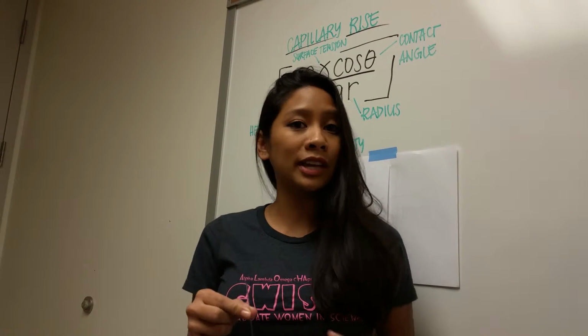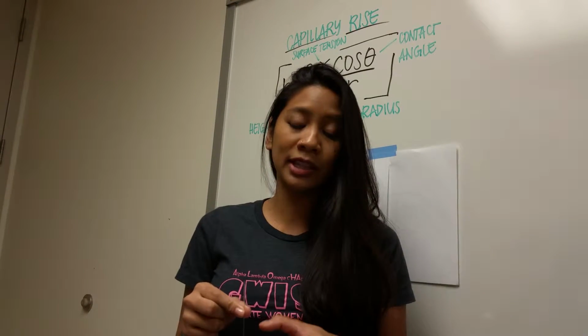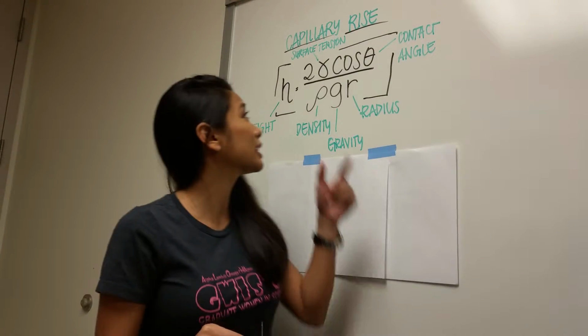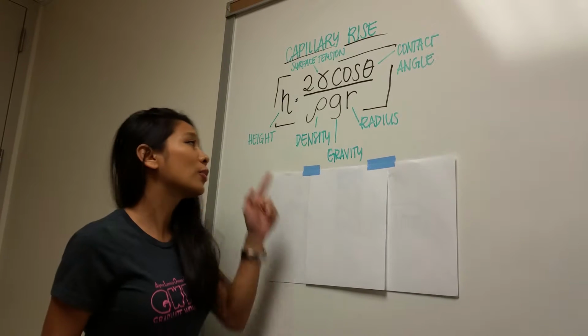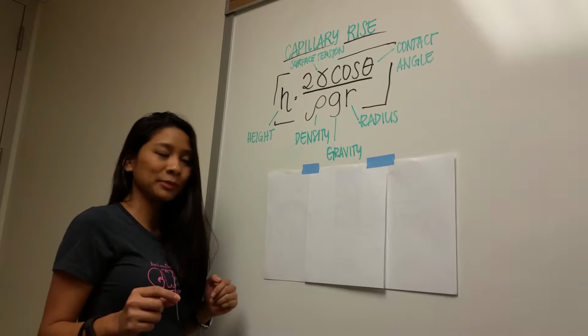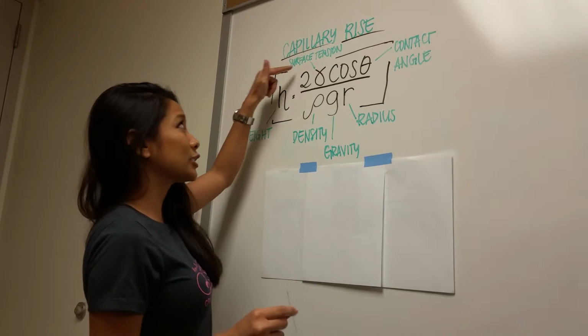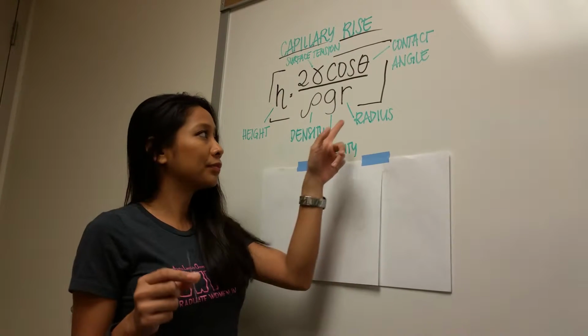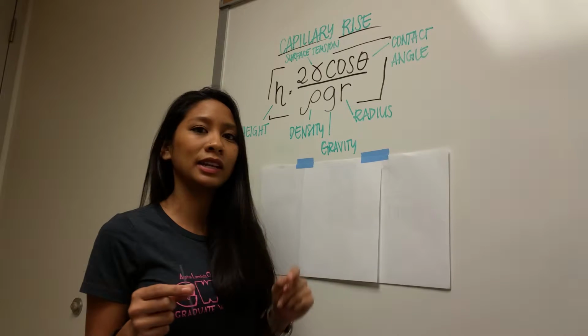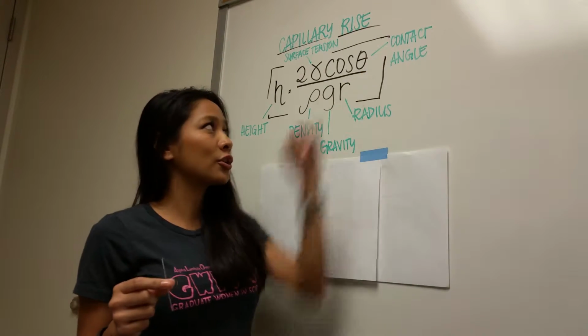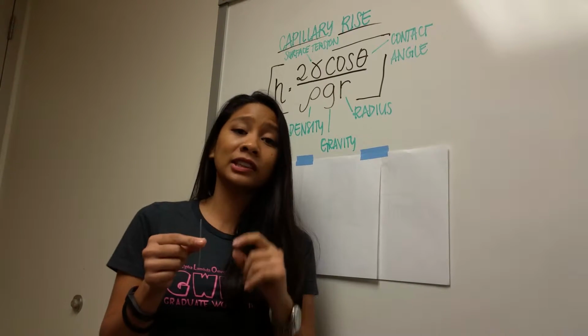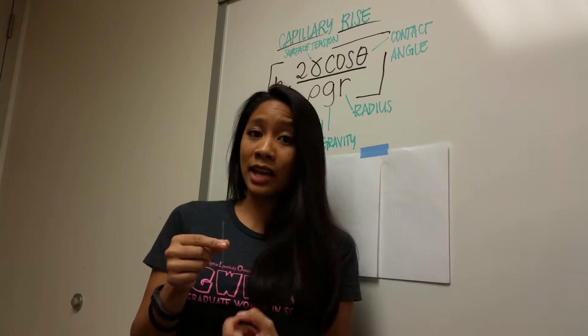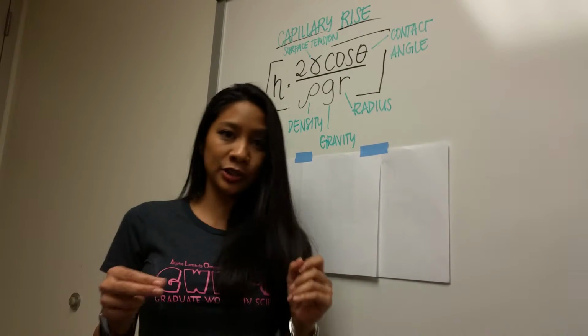Now, we can calculate the height at which the liquid rises using this equation, where h is the height of capillary rise. The surface tension and density of the liquid are known. The tube is of a known radius, and there is a known contact angle of the liquid with the inside of the tube, and g is gravity.